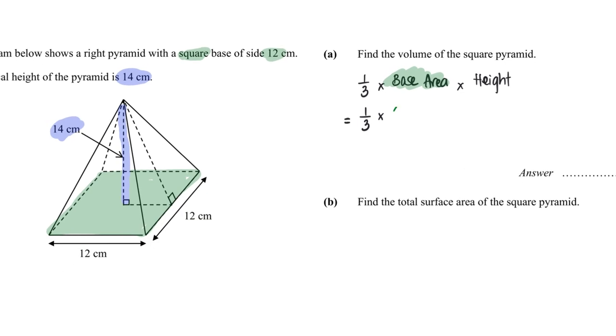So this one is simply 12 times 12. And the height, 14 cm. And we are then able to get the answer pretty straightforward, 672 cm cube.